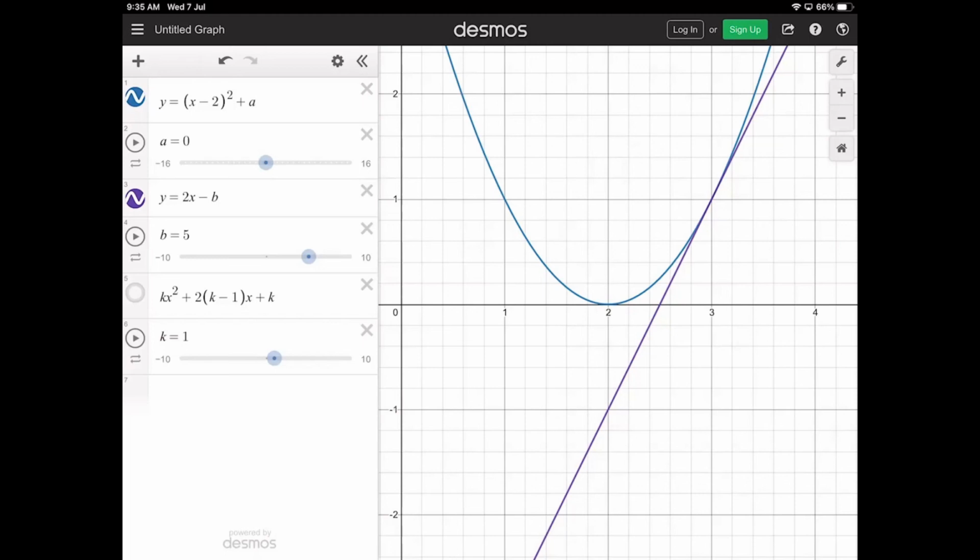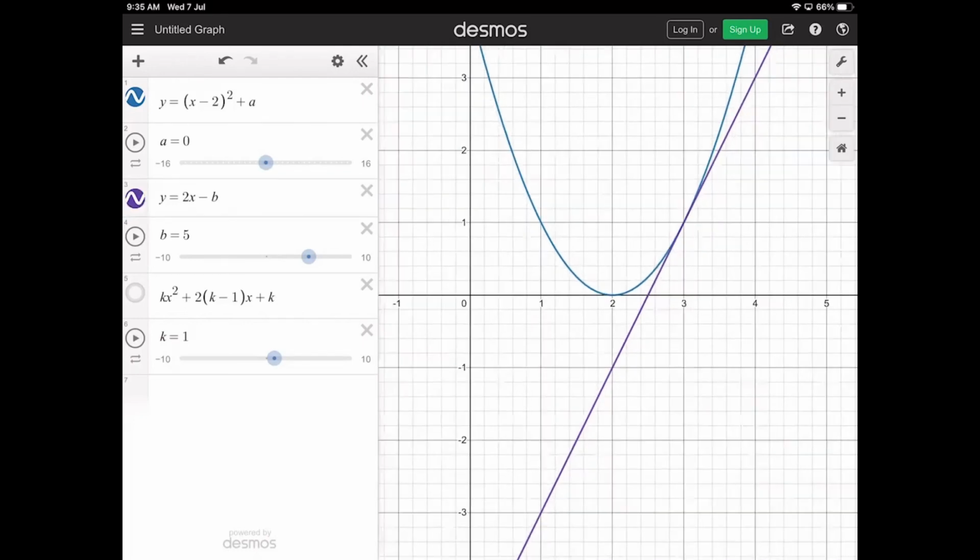And basically all I'm saying is, if I change the value of b, you can see b is just the constant, I'm just going to be moving my straight line up and down. So if I move my straight line up and down, this is visually what's going to happen.